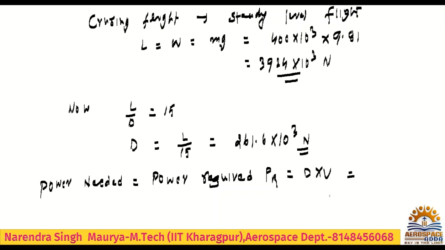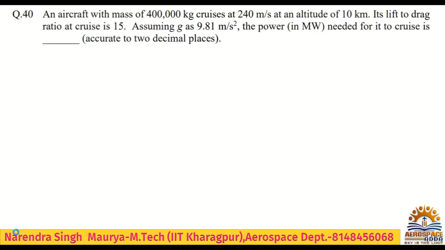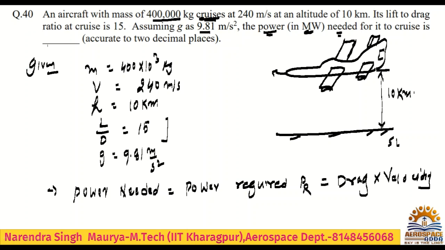It is coming 62.784 megawatt. So you have to write 62.784 megawatt. That value you have to keep. That's all. Done. This problem is done now.